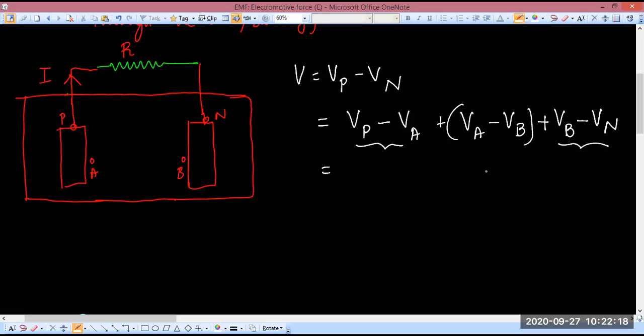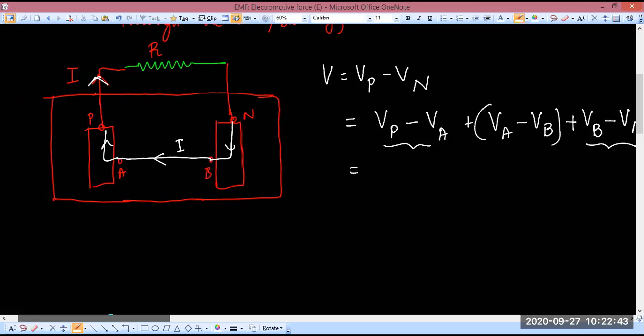So I'm saying that if current I is flowing like this, then current I will also flow like this. Agreed? In fact, it will flow through this also. I hope that makes sense. But for simplicity, right now, I'm going to give you a very simple way to understand this.